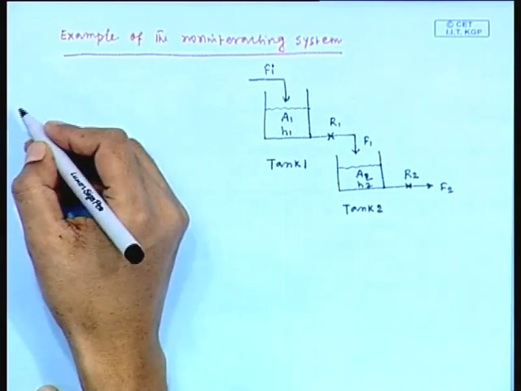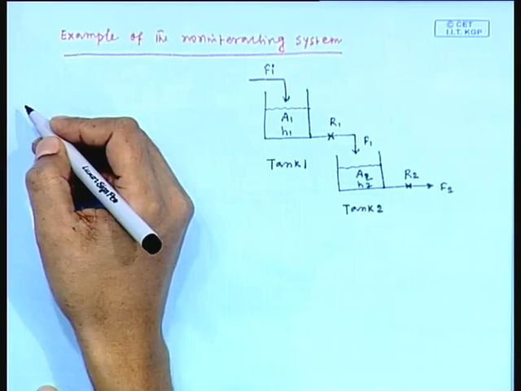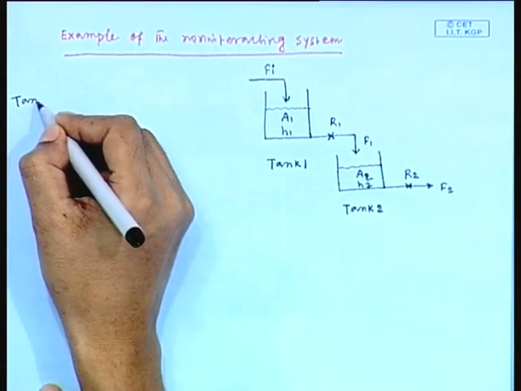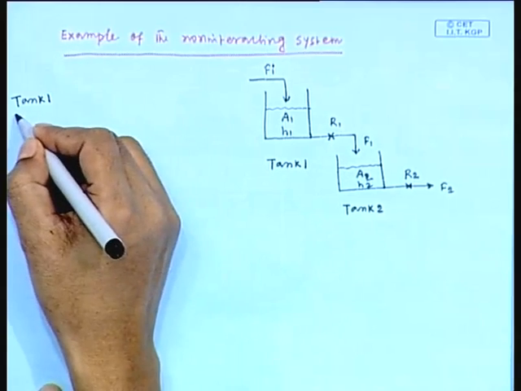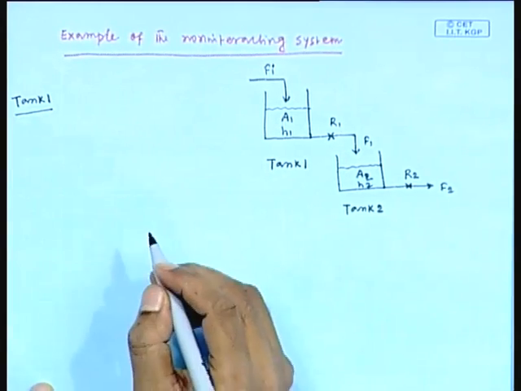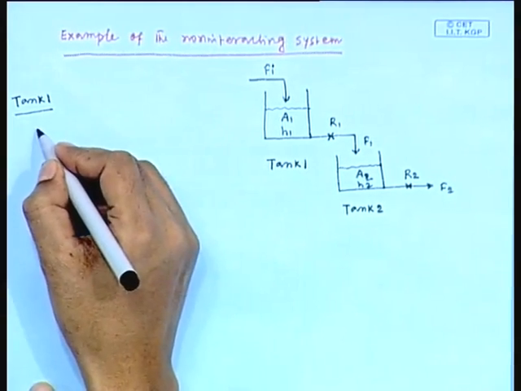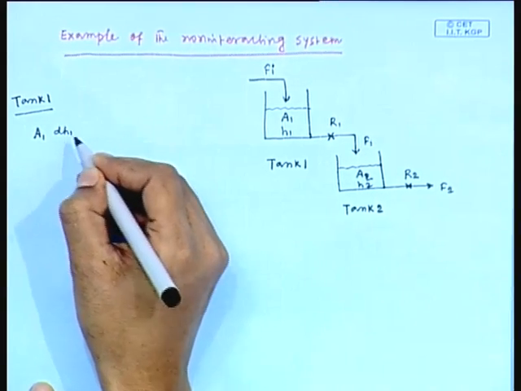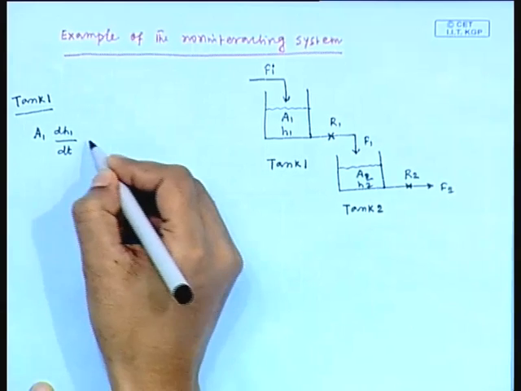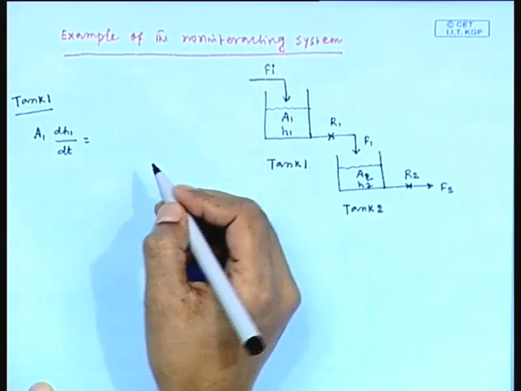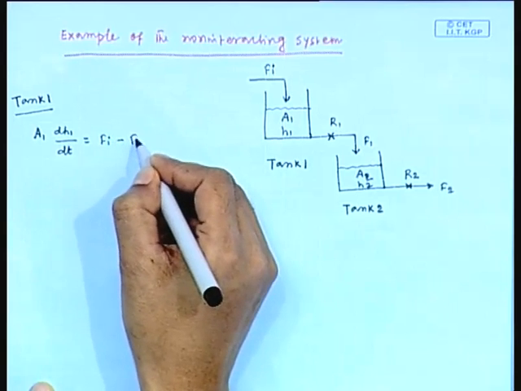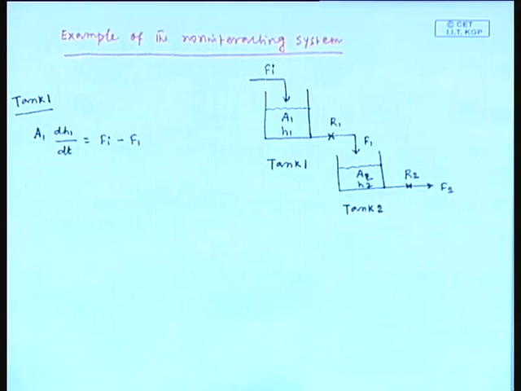Now, what are the modeling equations for these two tanks? If we consider tank 1, the modeling equation is A1 dH1/dt equals input flow rate, that is Fi, minus output flow rate, that is F1.